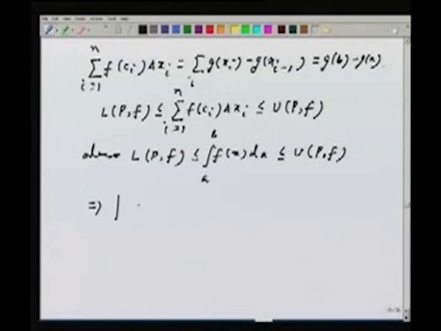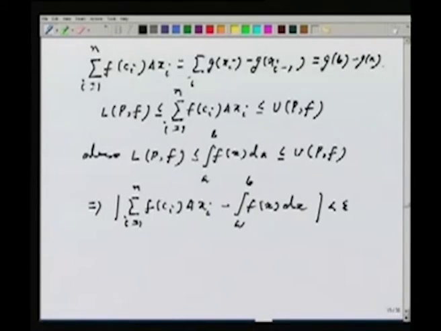This would then imply that the modulus of summation i from 1 to n f(c_i) delta x_i minus the integral a to b f(x) dx is less than epsilon.